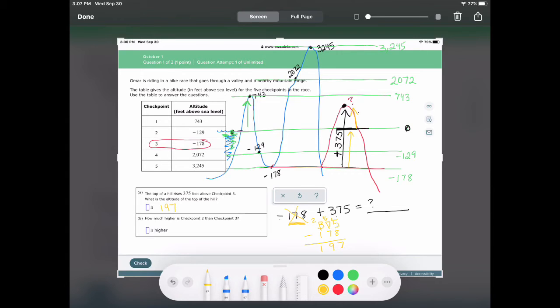All right. Then it says how much higher is checkpoint 2 than checkpoint 3? We're just comparing them. We're just going to compare checkpoint 2 to checkpoint 3. And in our picture, you can see that there's a little difference right here. We actually don't really care about positives and negatives at this point. We just want to know how far it is between the two. What is the difference between them, or how much higher is one than the other?